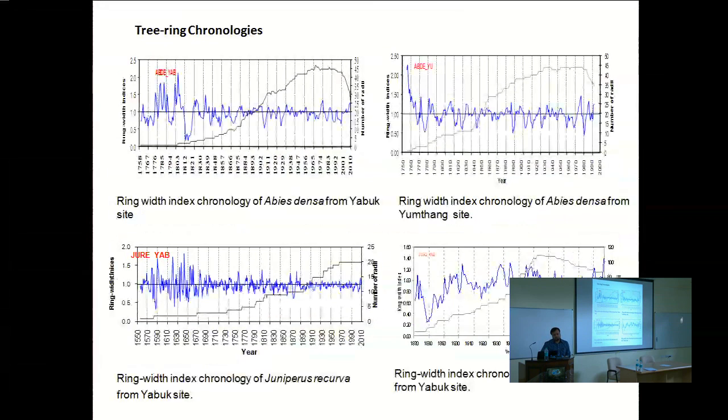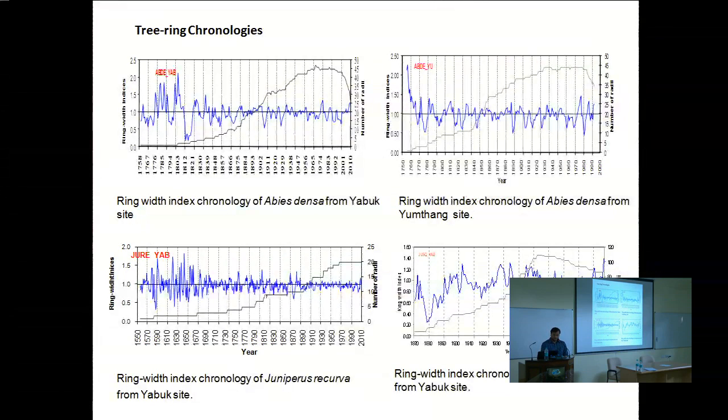These are the tree ring chronologies developed from the Zemu Valley that range from 250 years to 450 years, from different species like Abies densa from Yabu and Abies densa from the Yamthang site. The Yamthang site is close to the Yabu site, at almost the same altitude.